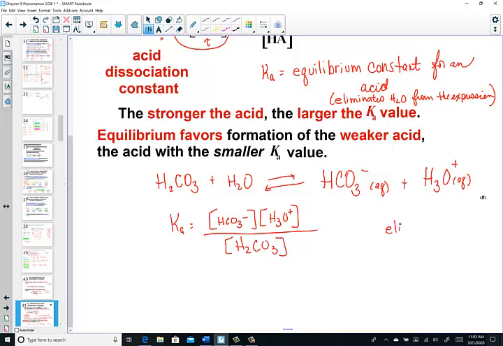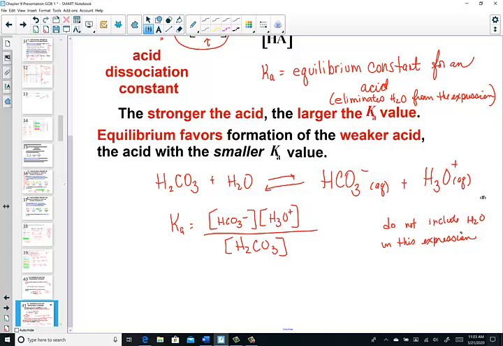Do you notice how I do not include the water? So Ka, the acid dissociation expression.